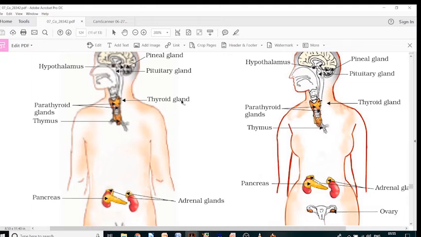The thyroid gland secretes the thyroxine hormone, but if there is overproduction, then you will have a disease like hyperthyroidism, where your metabolism is very high, and if your thyroid gland is producing less thyroxine hormone, then you will get hypothyroidism. So different kinds of diseases will start showing up.